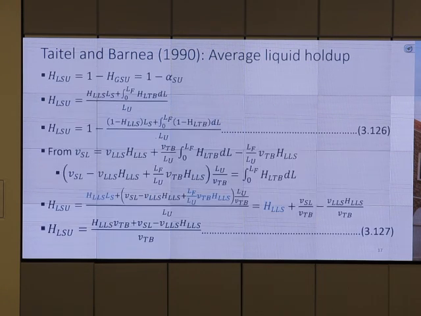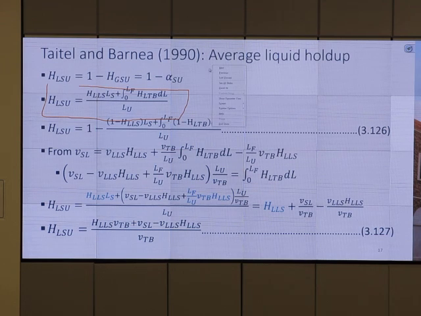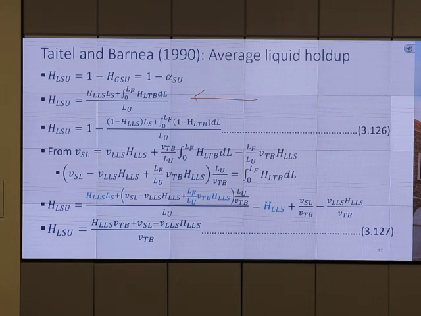Okay, let's go back a little bit. We use this equation. If you assume that the film height is uniform, this equation, first of all, is valid whether your film height is uniform or not, okay? The meaning of this is volume multiplied by length equal to volume multiplied by length of each part.